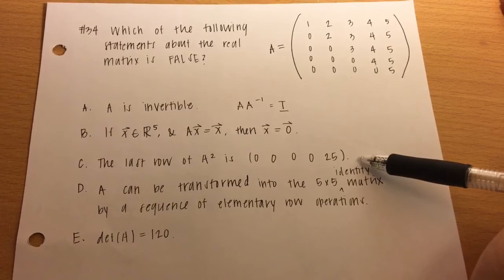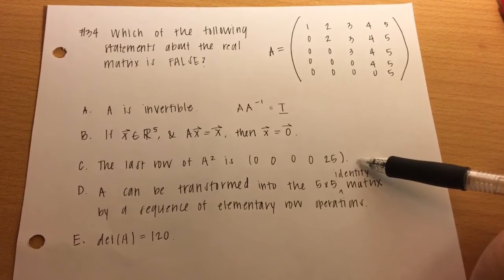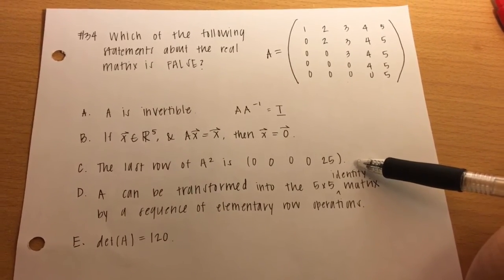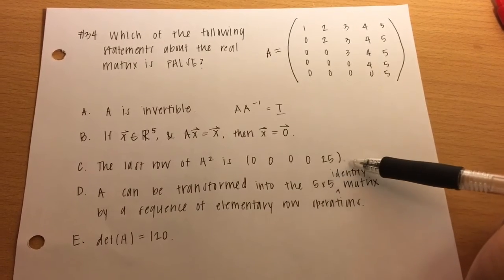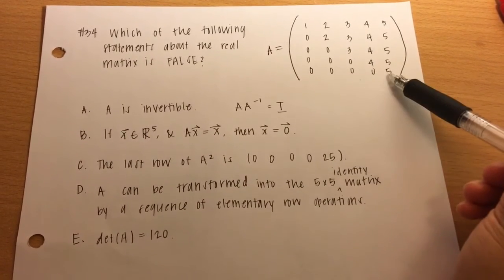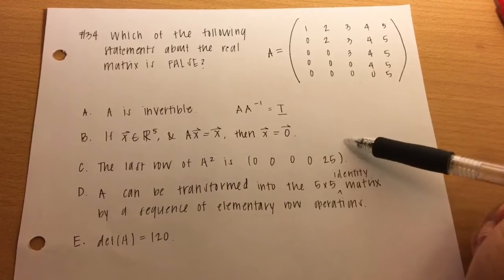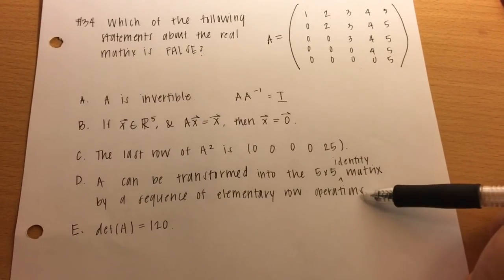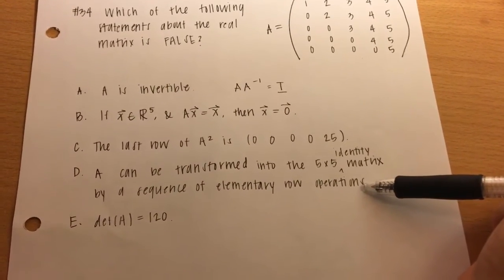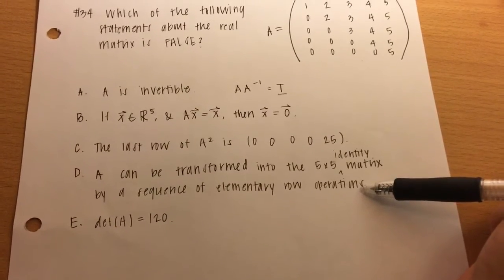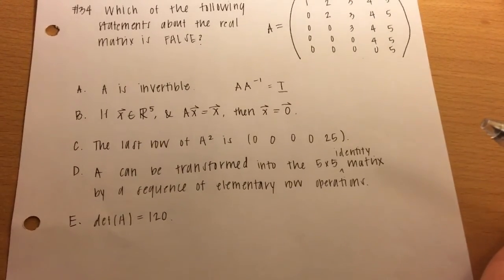The C option's pretty simple. Last row of A squared is 0, 0, 0, 0, and 25. You only have 5 here, so yeah, that's right. And then D says A can be transformed into the 5 by 5 identity matrix by a sequence of elementary row operations.